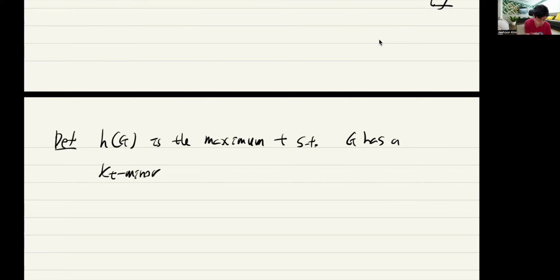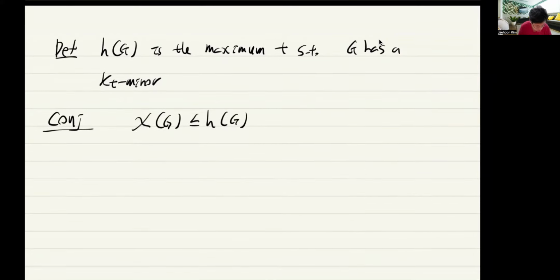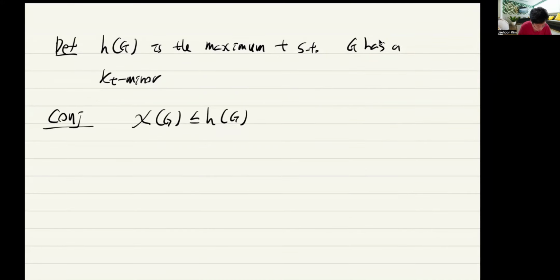And Hadwiger's conjecture says that for every graph, the chromatic number is bounded by this Hadwiger number. In other words, if you have a k-chromatic graph, then it must have a K_k minor.